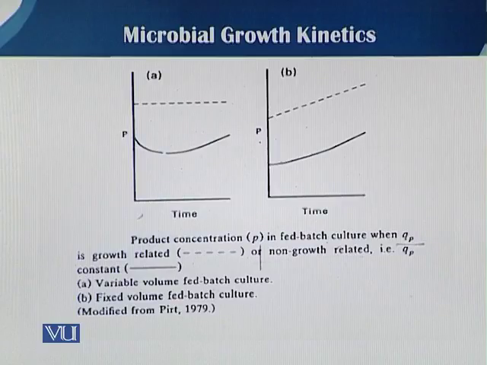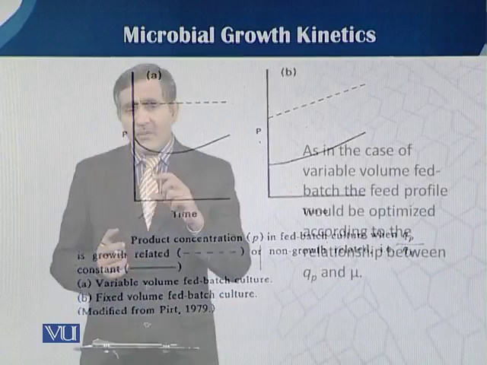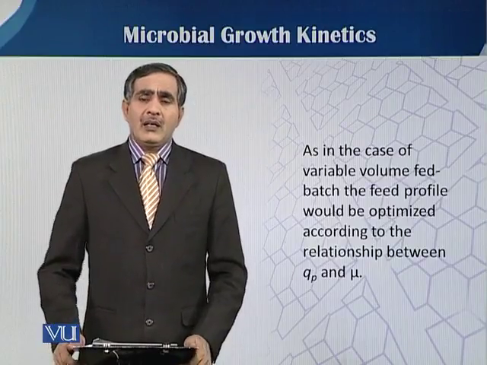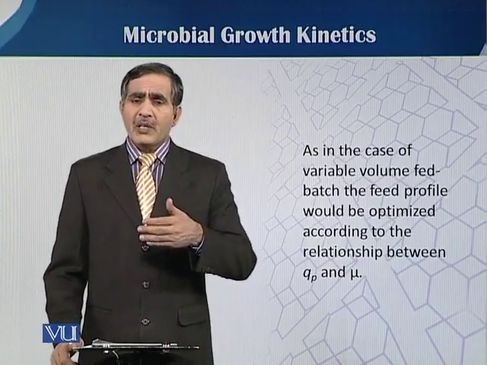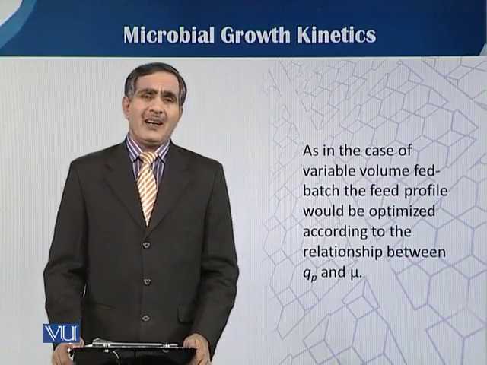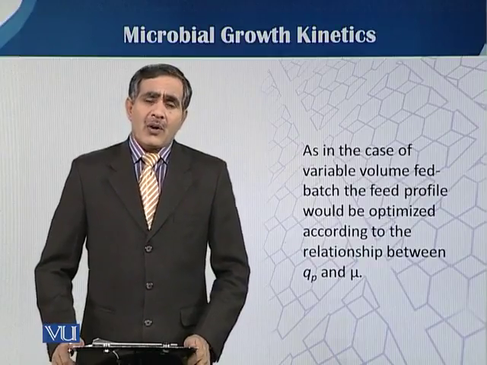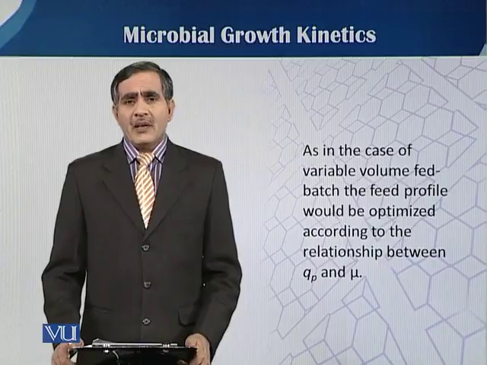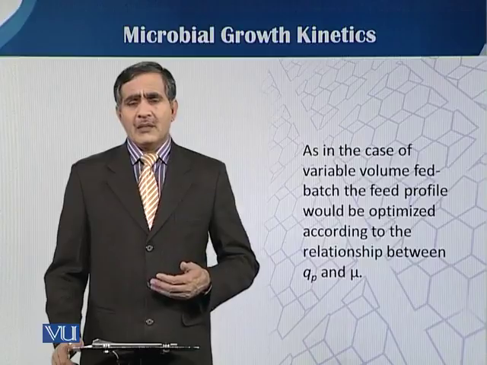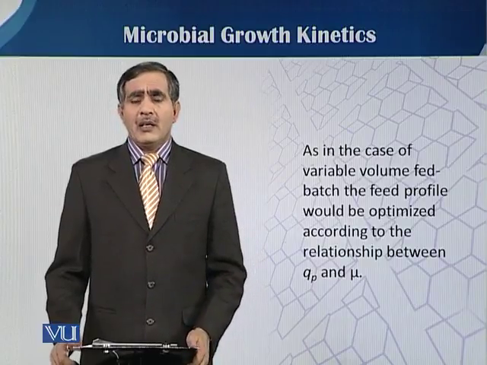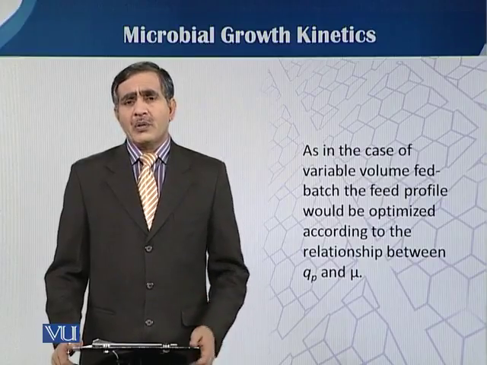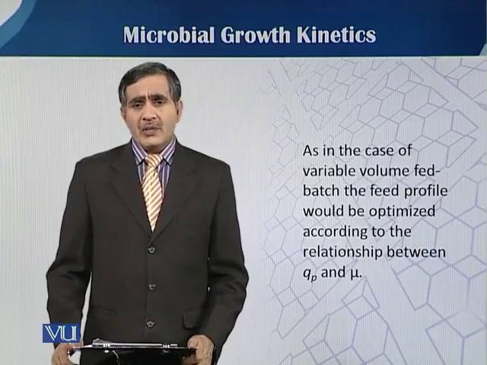So these two diagrams easily show us the relationship in fixed volume and variable volume, with respect to secretions that become very toxic and have a very negative effect on mu, which we call the specific growth rate. In fixed volume, when there is a constant increase in the toxic secretions by the organism itself, it can make it difficult to maintain mu equal to D, meaning specific growth rate equal to the dilution rate.